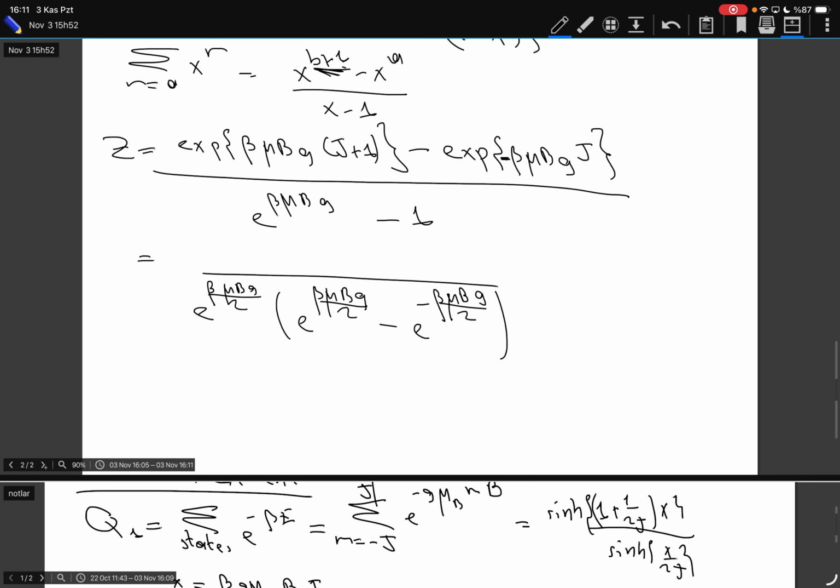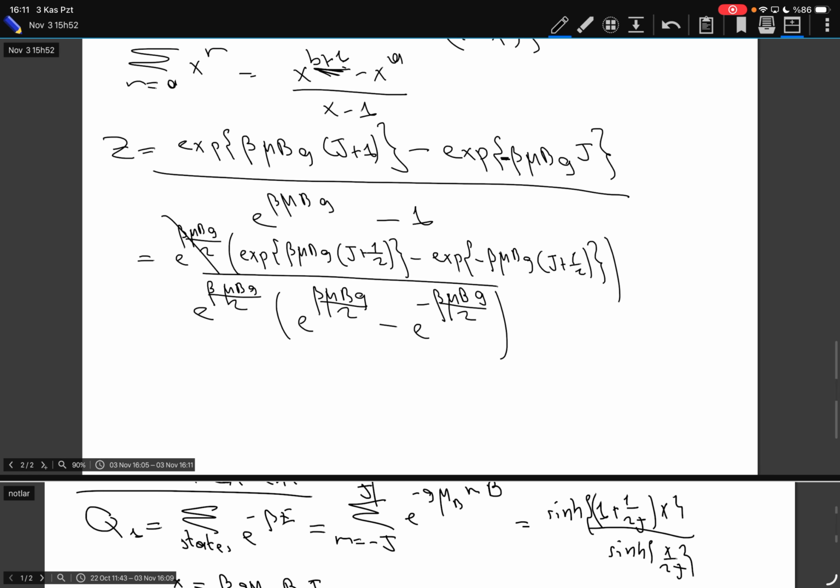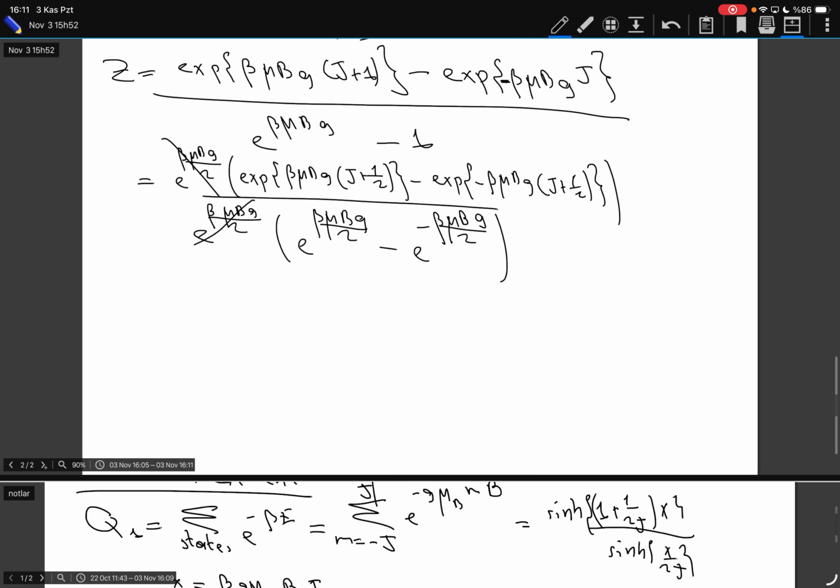Let me take the same factor from the numerator out. Well, these factors cancel. What remains is just the ratio of two sine hyperbolics.